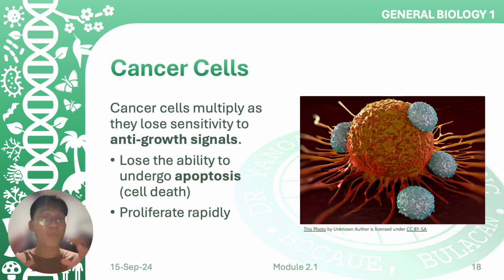Thus, it will keep on multiplying. So when you have cancer, you actually have a different organism that lives inside you because it already has a different DNA of its own. Its DNA is manipulated, very different already from the DNA you have.